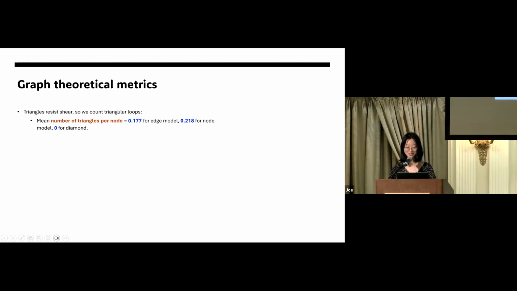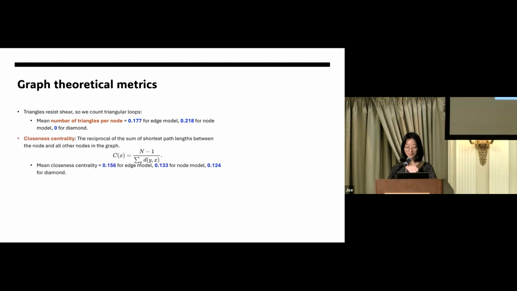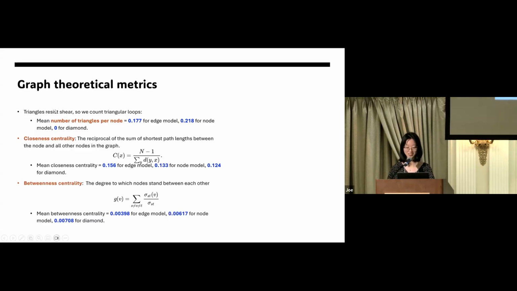So that's true. And also, we look at two centrality metrics. The first is closeness centrality. That is the reciprocal of farness, so to speak, or the reciprocal of the sum of the shortest path lengths between a node and all other nodes in the graph. We find that the mean closeness centrality for the actin cortex models is larger than that for the diamond. And we also look at the betweenness centrality. That is the degree to which nodes stand as a bridge between the shortest path from another node to a third node.